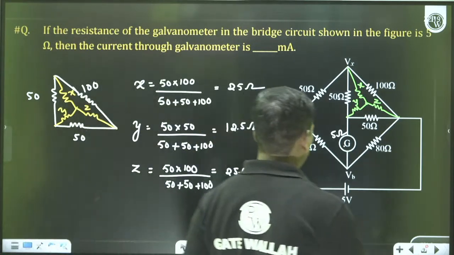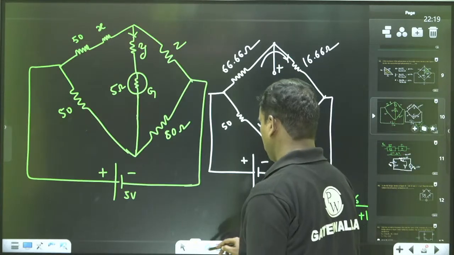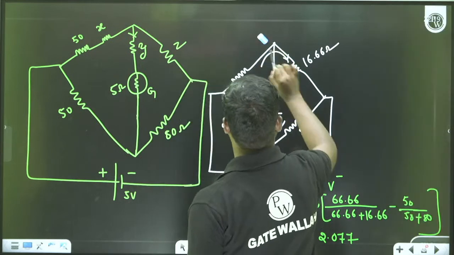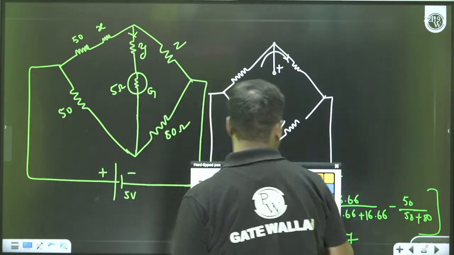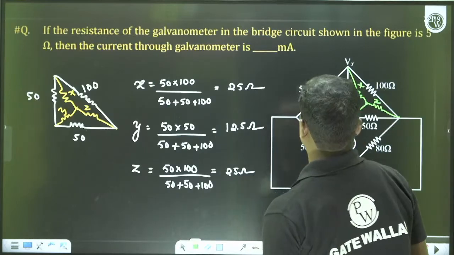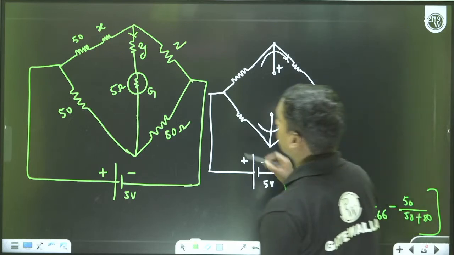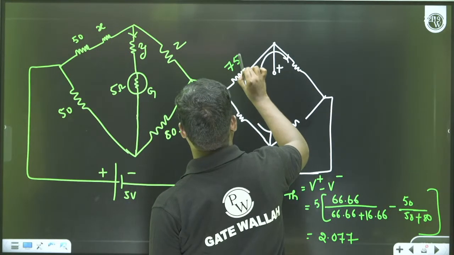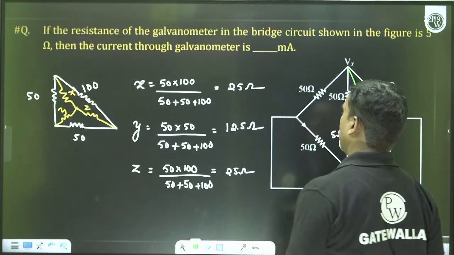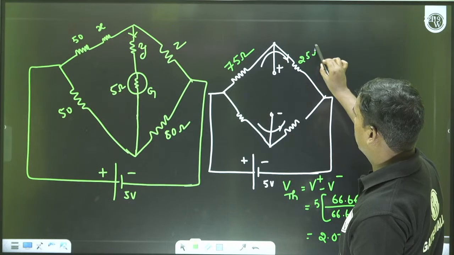So here the X values differ now. So this is 50 plus X, this is 75 ohms. Next, what is Z? Z is 25 ohms.